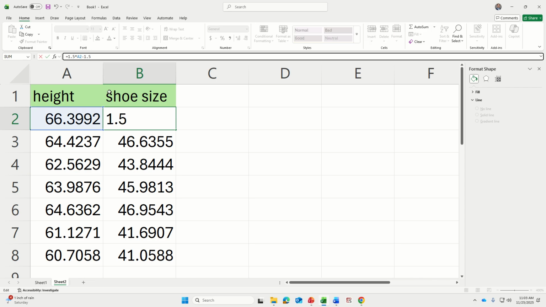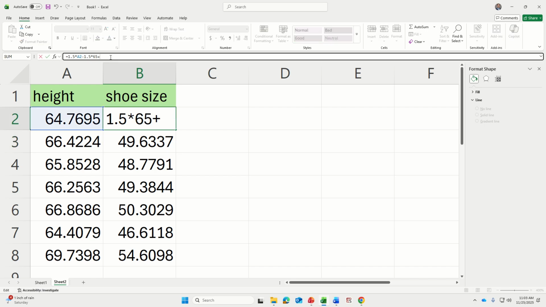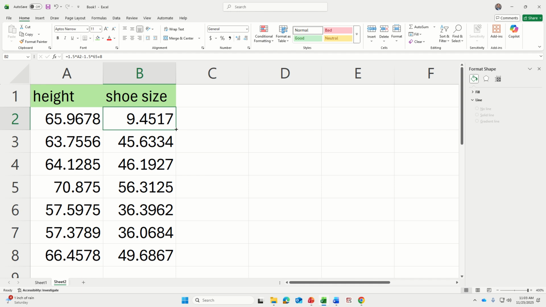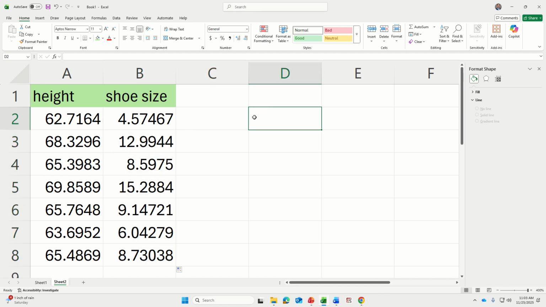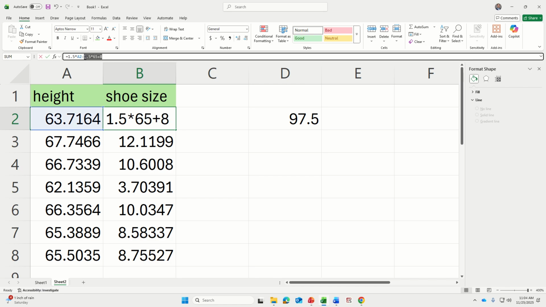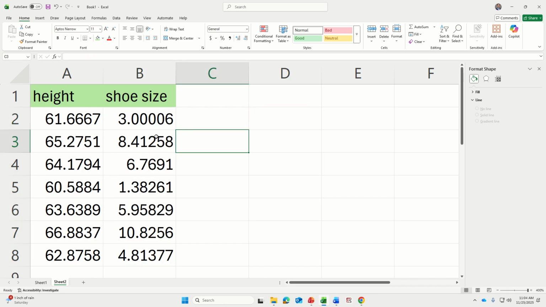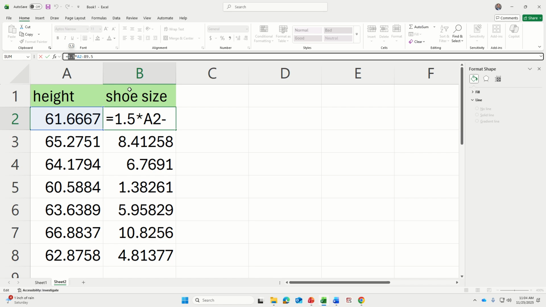Minus 1.5 times 65 plus 8. What's 1.5 times 65? So we'll call it minus 89.5. Sorry, just trying to come up with a model for shoe size. Maybe that should be 2/3.